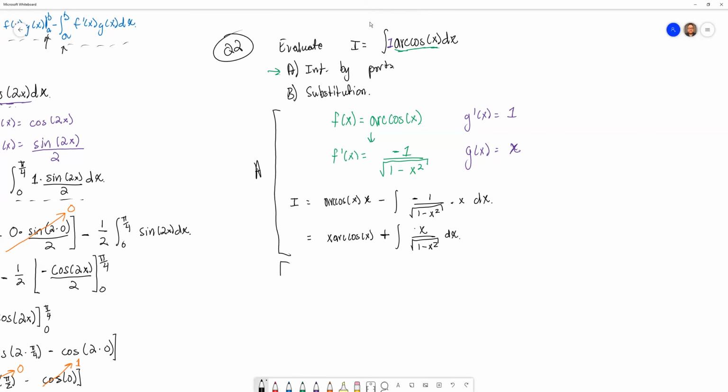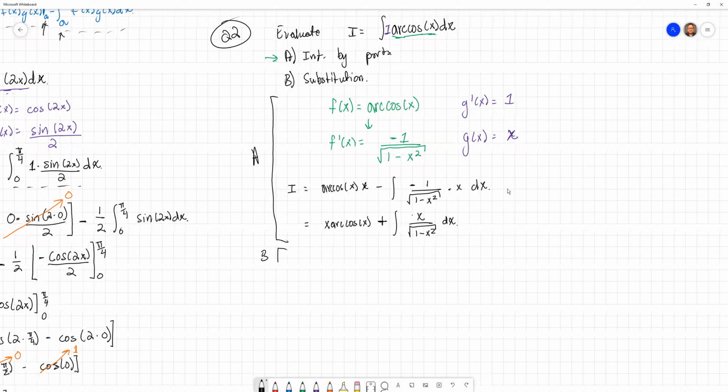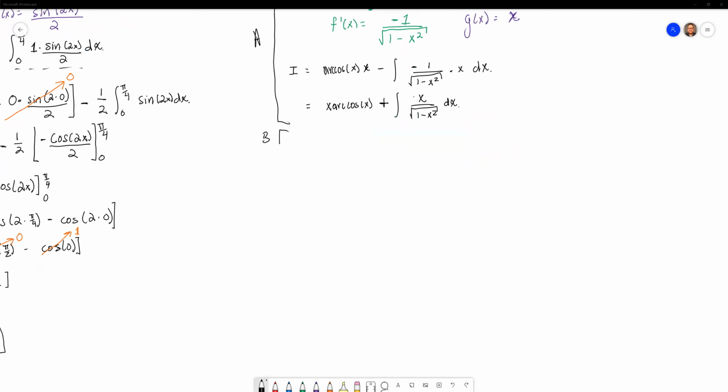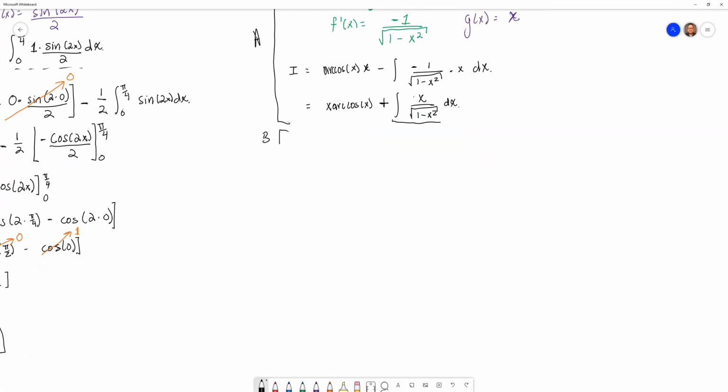And so now we need to start on part B. That's saying we're going to need to do a substitution. We're only focused on this integral here for the substitution. So I'm going to say u is equal to the square root of 1 minus x squared.